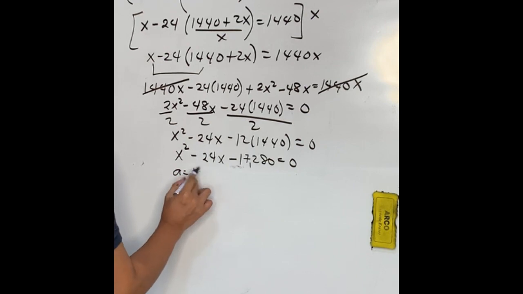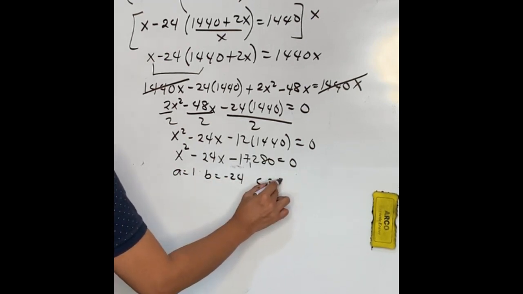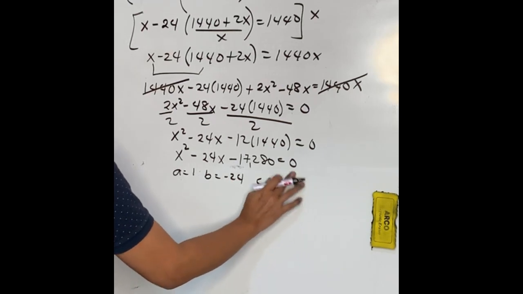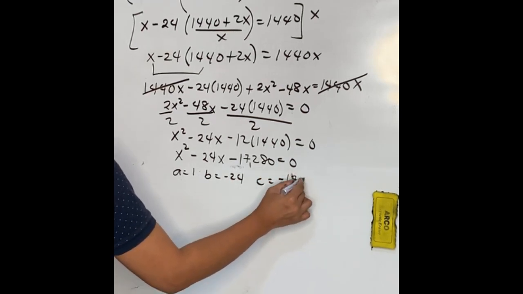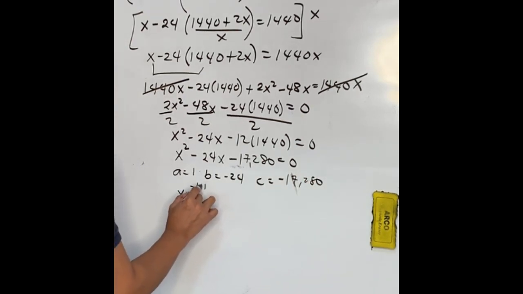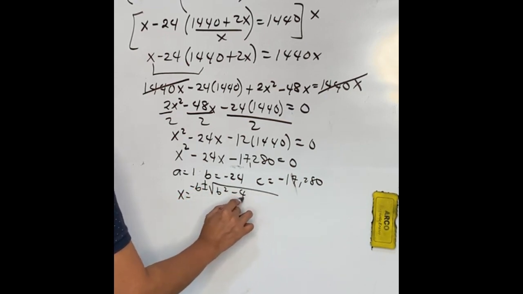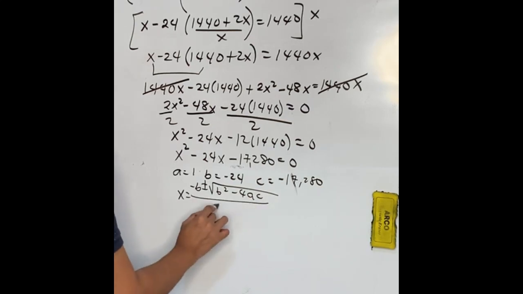Identify a, which is 1, b is equal to negative 24, c is equal to negative 17,280. So, plugging into our formula, x is equal to negative b plus or minus the square root of b squared minus 4ac, all over 2a.